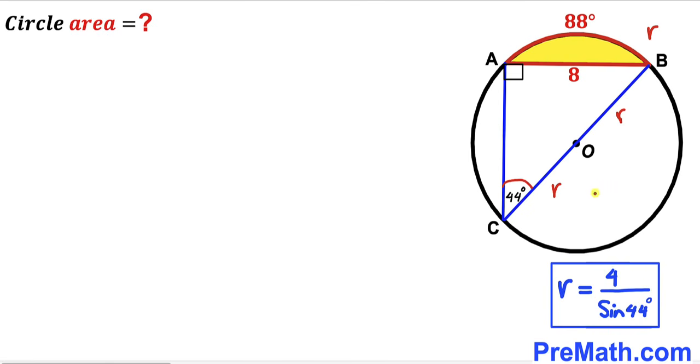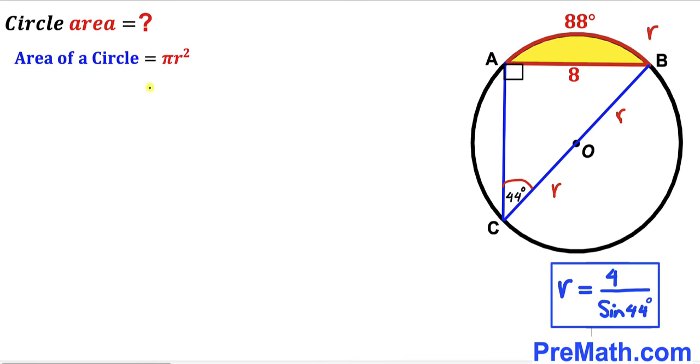And here's our final step. Now we are going to calculate the area of this circle. Let's recall the area of a circle formula. Area is always equal to pi times r squared, where lowercase r is the radius of the circle. In our case, the r value is 4 divided by sine of 44 degrees.